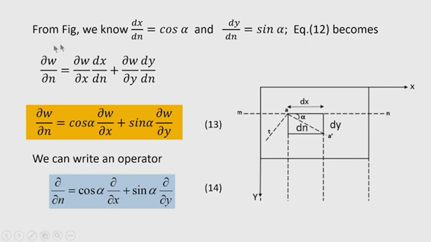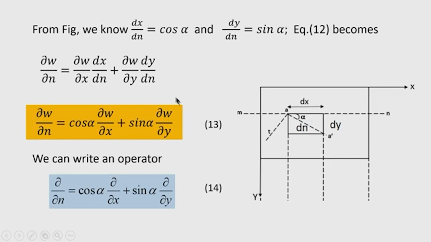So, now in the equation that we have got using the rule of calculus, we can write ∂w/∂n equals ∂w/∂x, this quantity remains as it is, and here we have written cos α. Similarly, here ∂w/∂y and sin α is written for dy/dn.